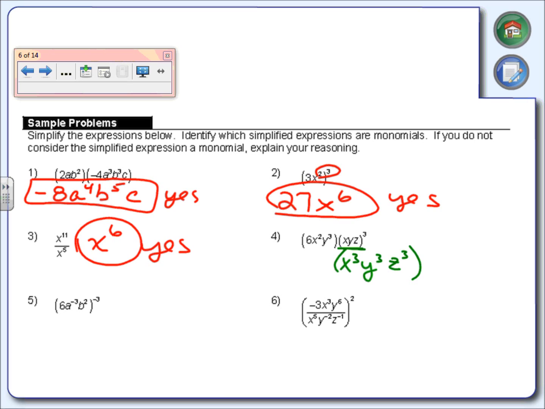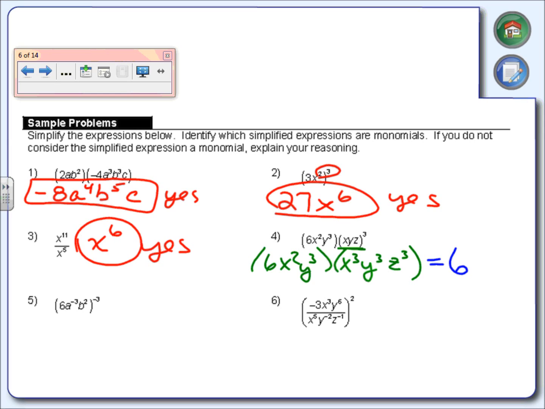Now I'm going to take that and multiply it with the 6x squared y cubed. Let's start by multiplying the coefficients. All right, Garrett, what are the coefficients? 6 and 1. So 6 times 1 is a 6. Next thing I'm going to do is multiply the variables, starting with the x's.